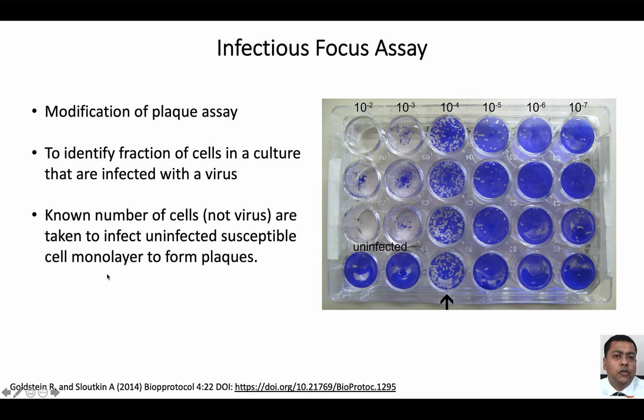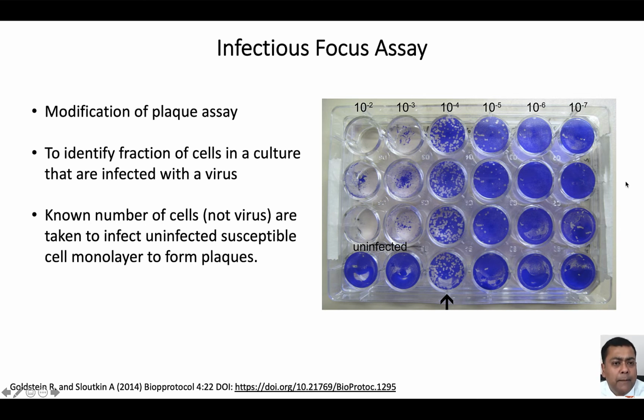We use the word adsorb, A-D, not A-B, not absorb. Adsorb means that when a virus or any molecule touches or comes in association with the superficial structure. So the virus is attaching and is then pulled inside the cell. So viruses are adsorbed and delivered into the cell within that time, and we just harvest these cells.